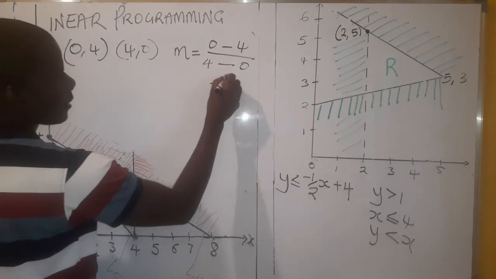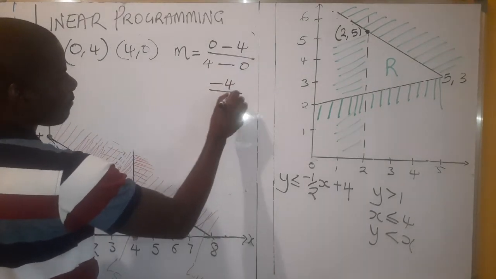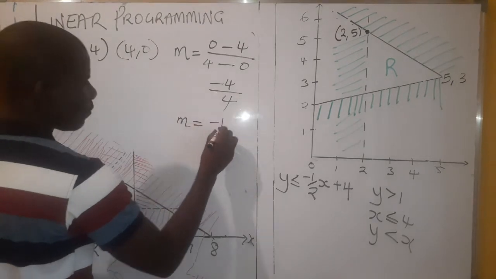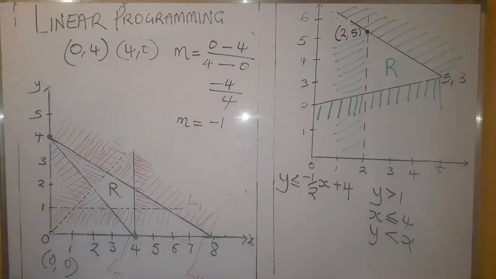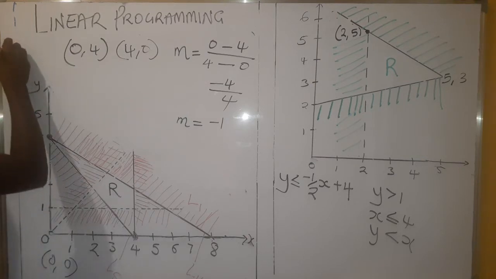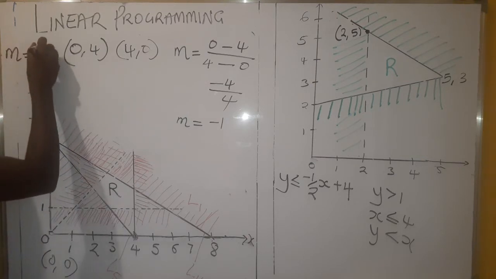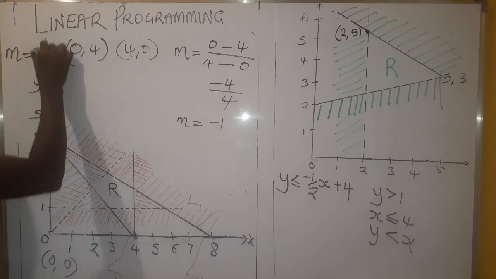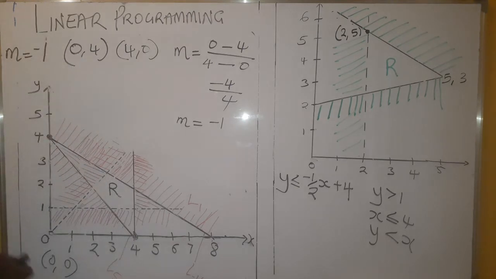When you subtract, you get minus 4 over 4. This gives you our gradient, which is negative 1. Okay? Take note, our gradient is going to be negative 1. Gradient in most cases is represented by the letter m.